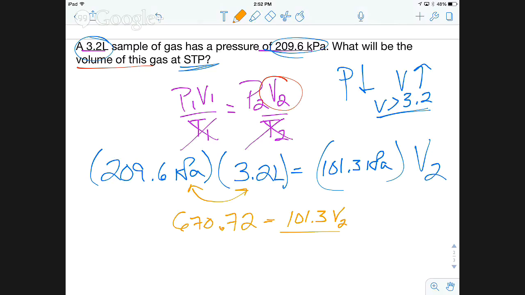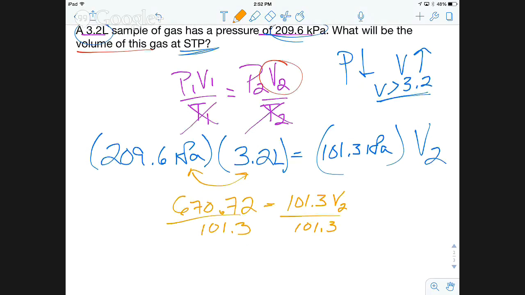So to solve now, I want to divide by 101.3 on both sides. When I divide by 101.3, I'm coming up with V equals 6.62, we'll call it.